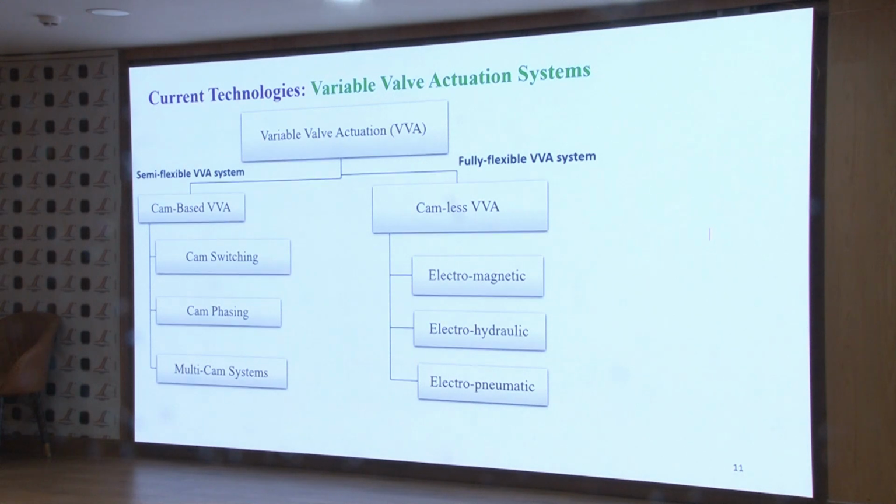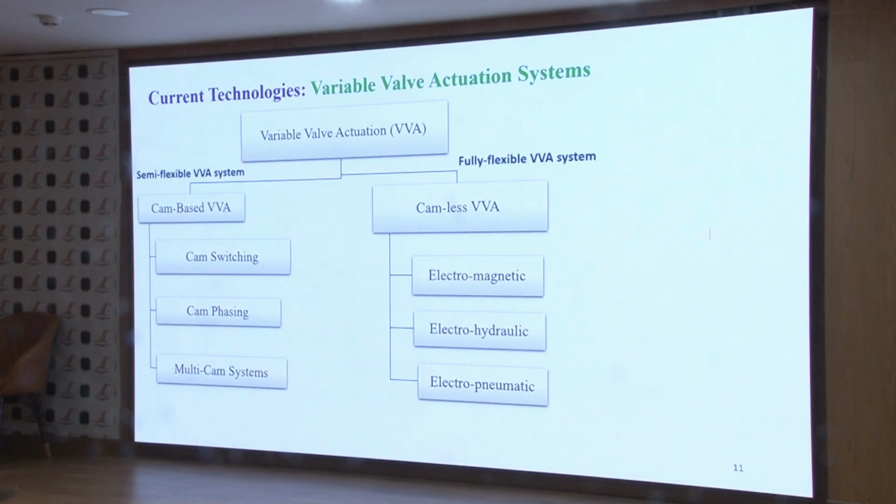What we are working on right now, we have already proven the concepts, and in the next phase we are trying to develop a camless engine, where we don't have a cam and the valves are actuated with the help of some other systems.